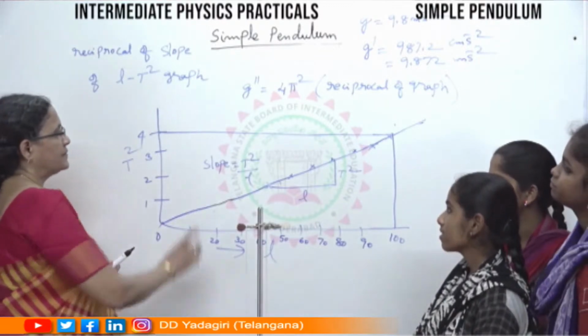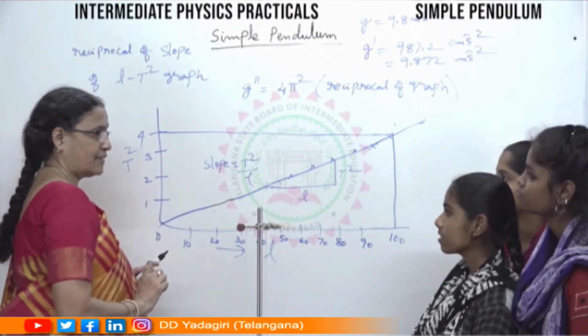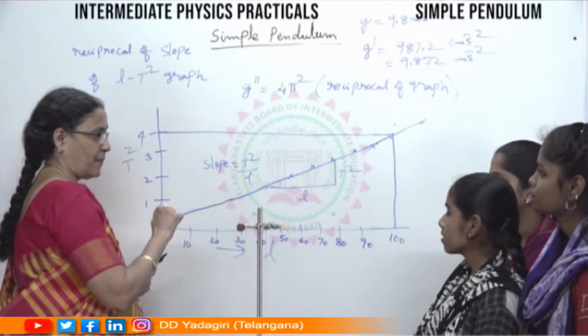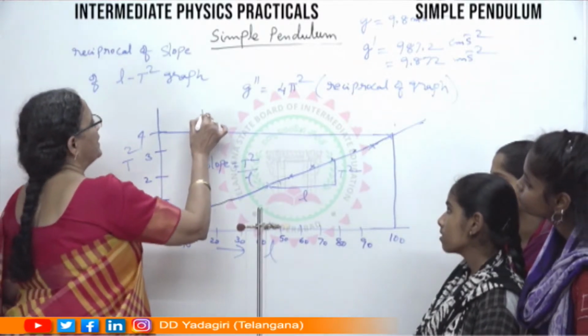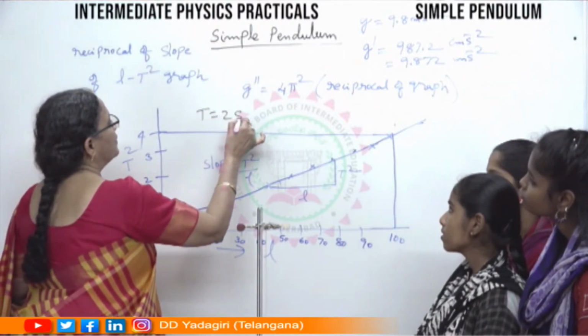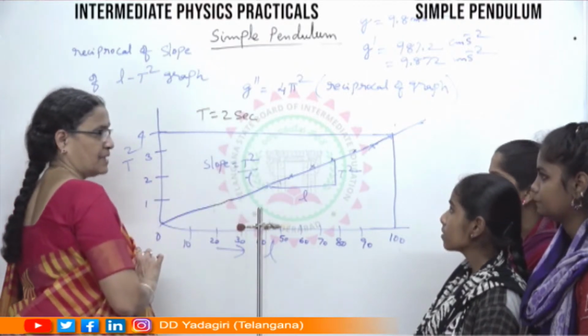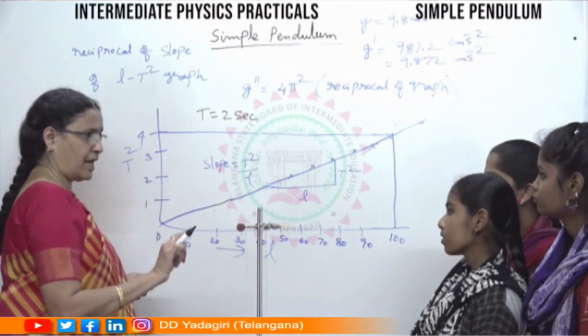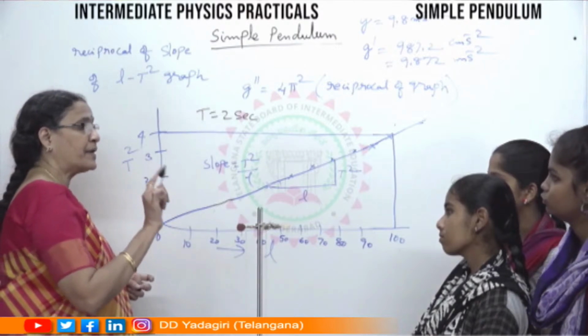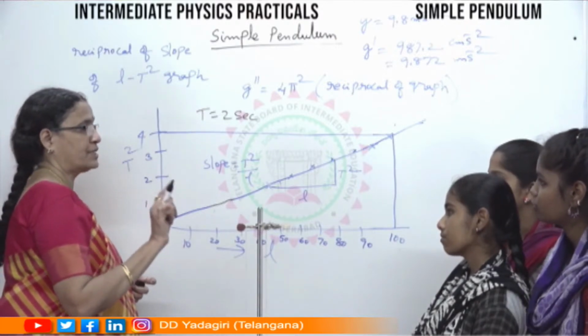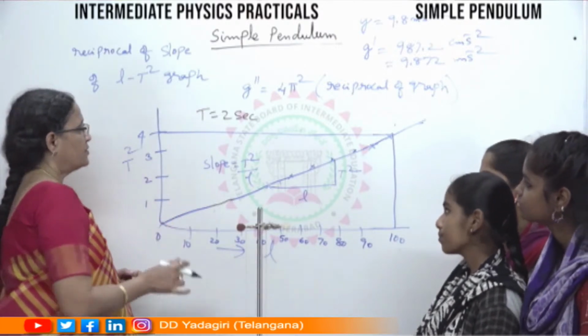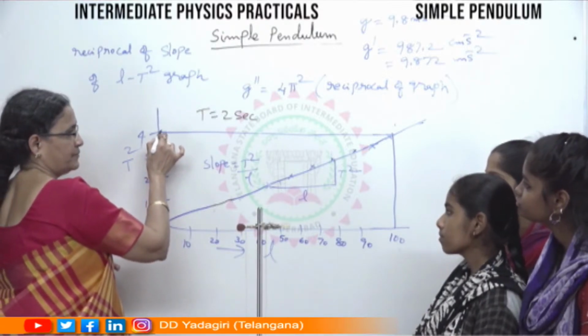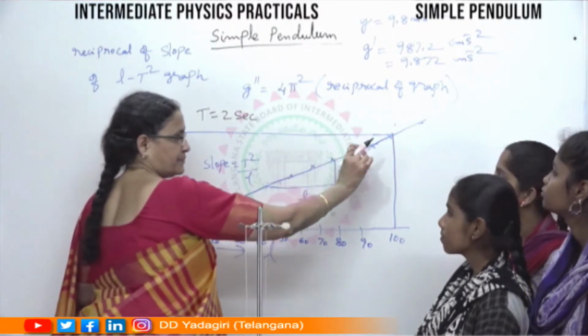Then how do we calculate the length of the seconds pendulum from the graph? For a seconds pendulum, T is equal to 2 seconds. A seconds pendulum is a pendulum whose time period of oscillation is 2 seconds. So at exactly 4 seconds, you draw a line.